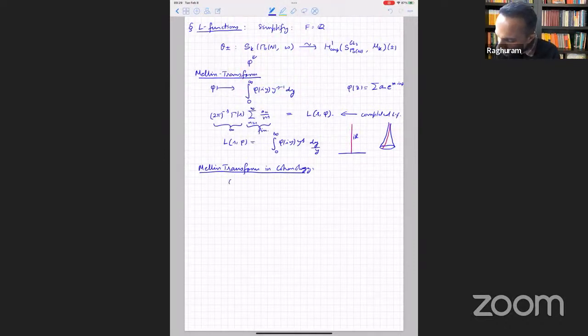You should think of this as coming from an embedding of GL1 into GL2 with a y in GL1 going to the matrix (y, 1). And if I hit i with this, y.i is iy. That's giving me my pure imaginary line.